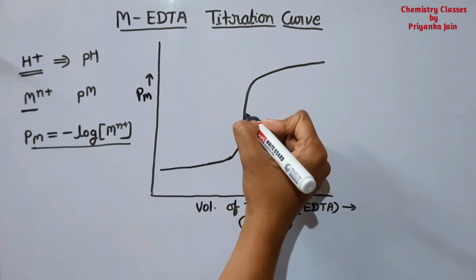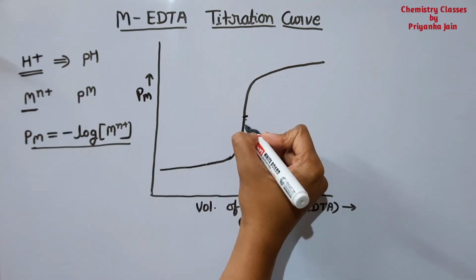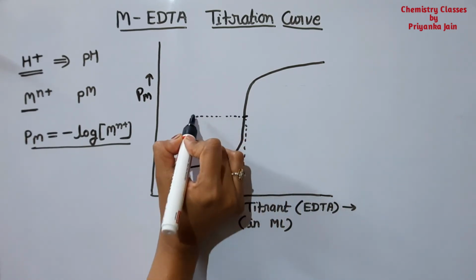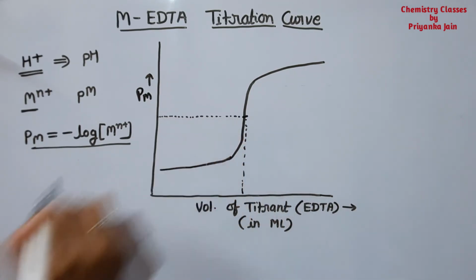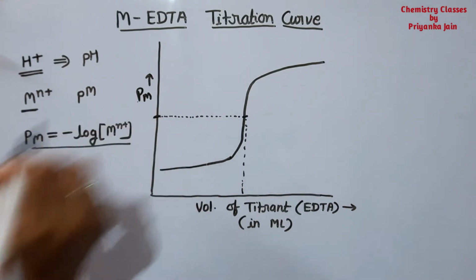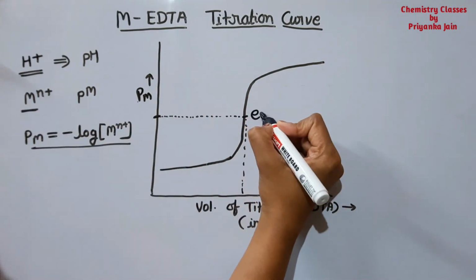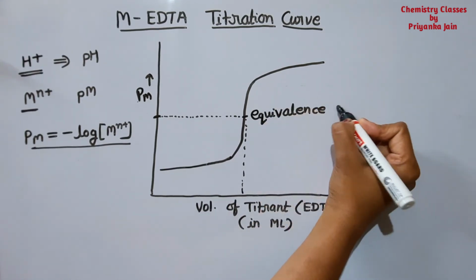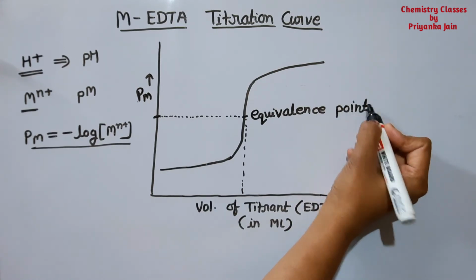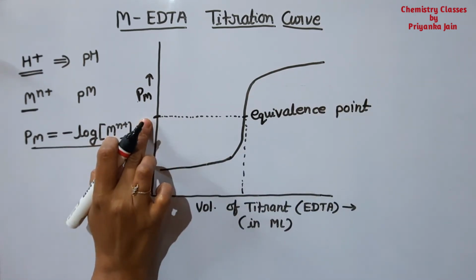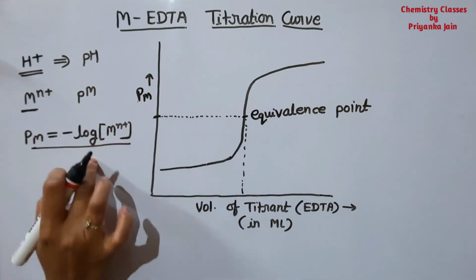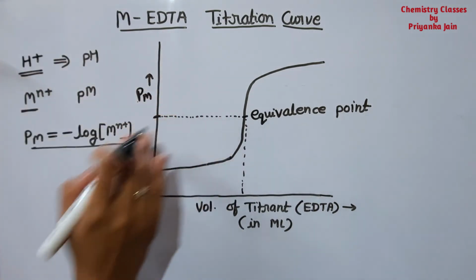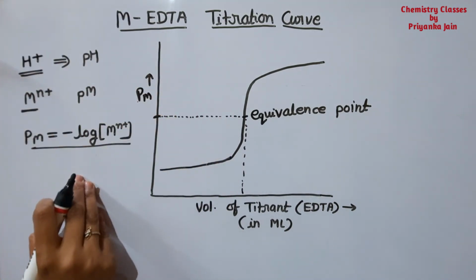This will be the equivalence point, the point of intersection, and when we take this to the y-axis, we get the value of pM. At this point we can get the value of pM, and from this equation we can get the concentration of M^n+ ions.